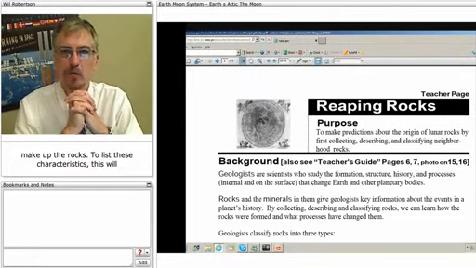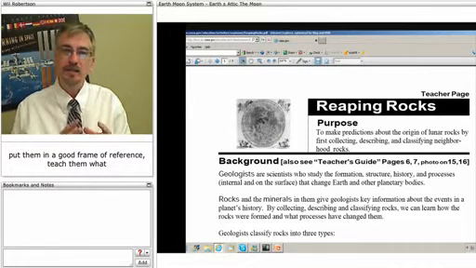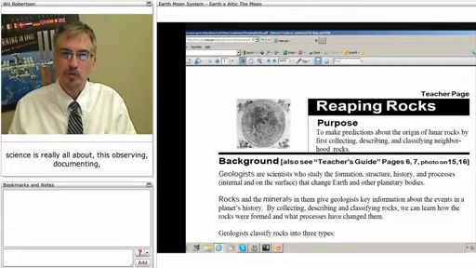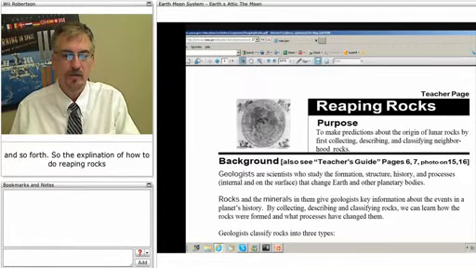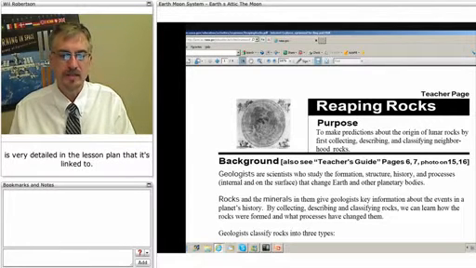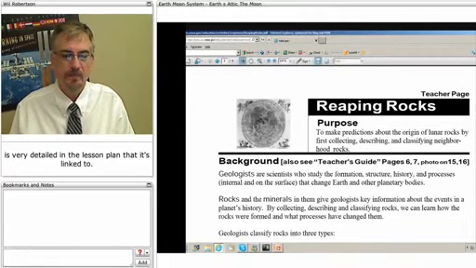This will put them in a good frame of reference and teach them what science is really all about. It's observing, documenting, and so forth. The explanation of how to do reaping rocks is very detailed in the lesson plan that it's linked to.